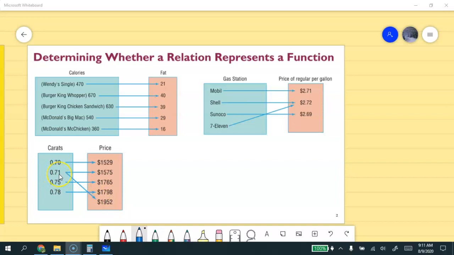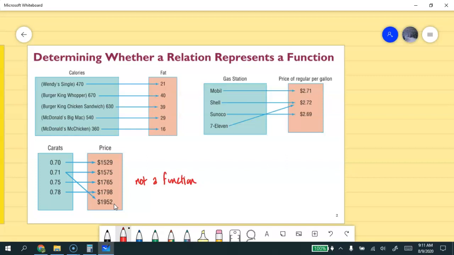It says for 0.71 carats, assuming gold, I think this is actually diamond, but anyway, notice how the price is 1575, but then there is another arrow telling you that the price is 1952. What you should realize from this is a problem. That does not make too much sense to us, so we conclude that's not a function that actually works out for us.